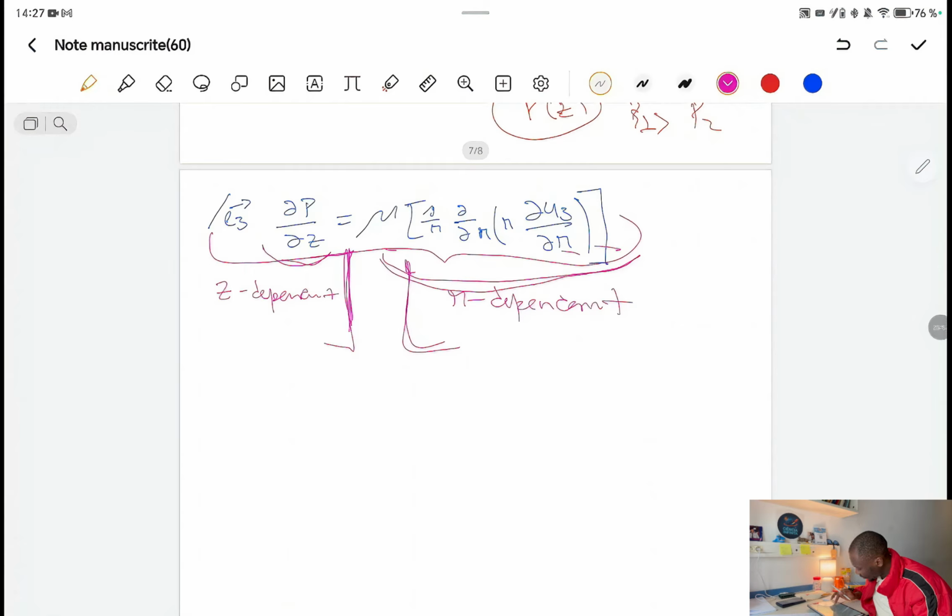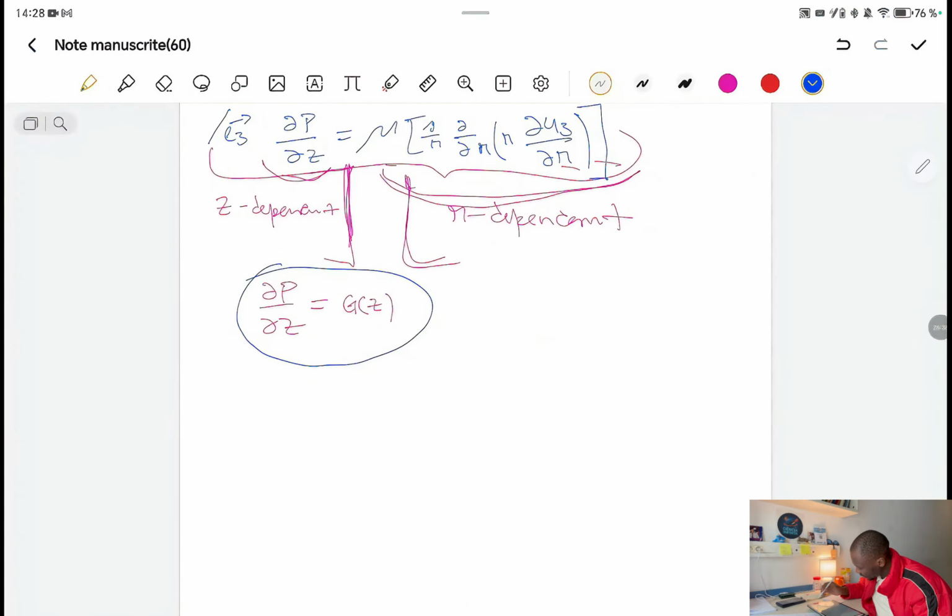So let's assume that the pressure over dz is equal to a constant, let's call it g, that depends on z. We don't know yet if it's a normal constant or if it flows only in the z direction, but we assume that it's a constant, and that will help us with the equation.